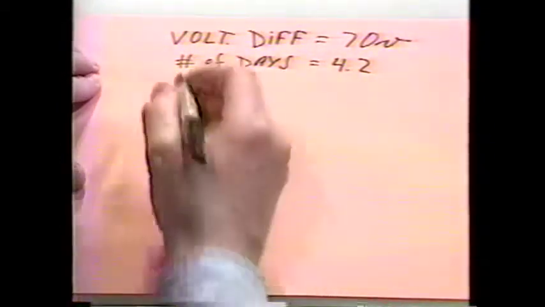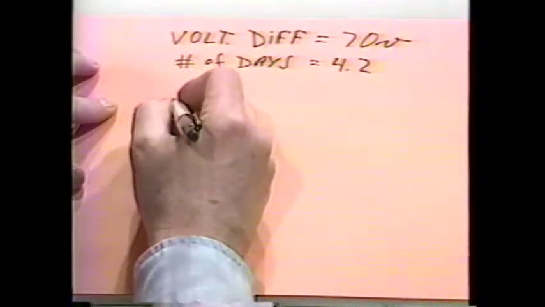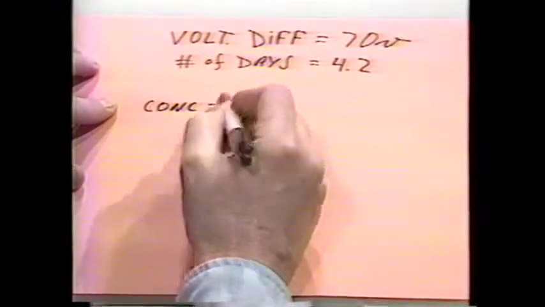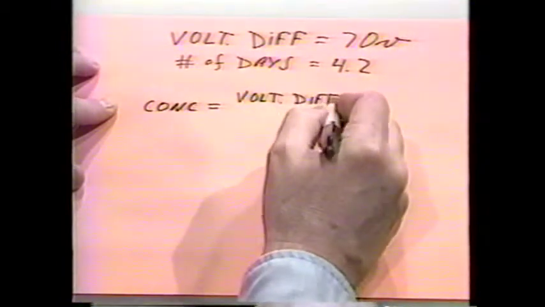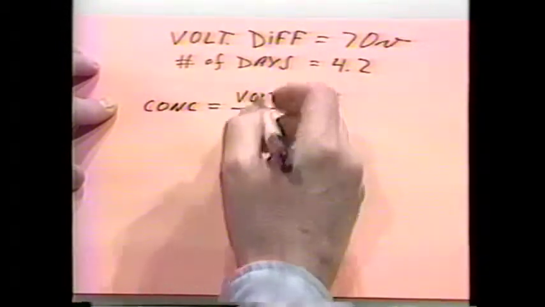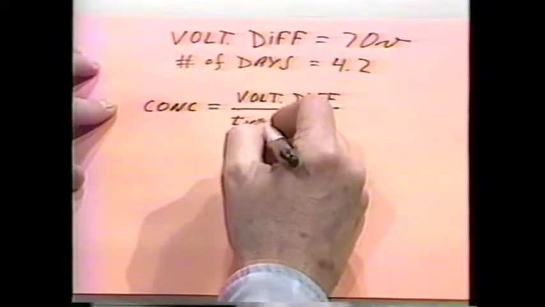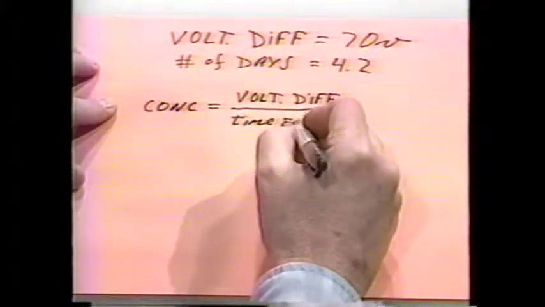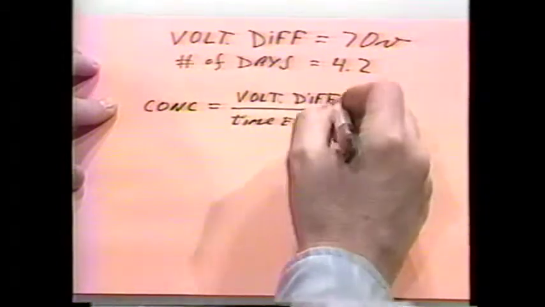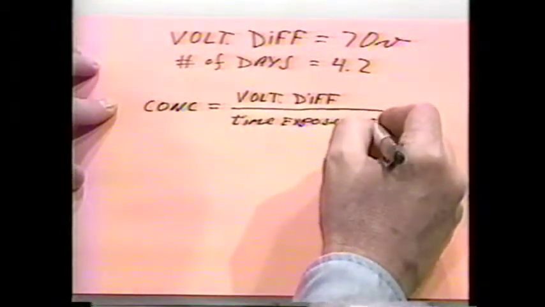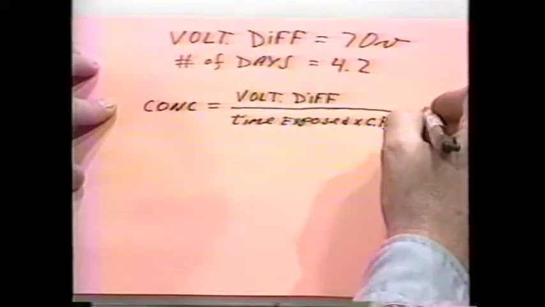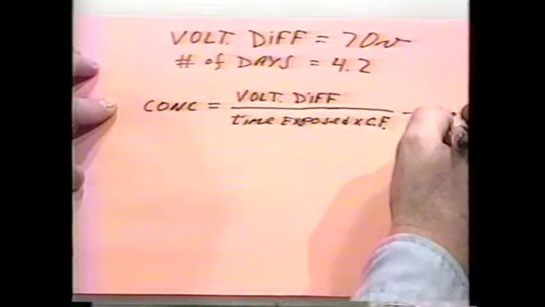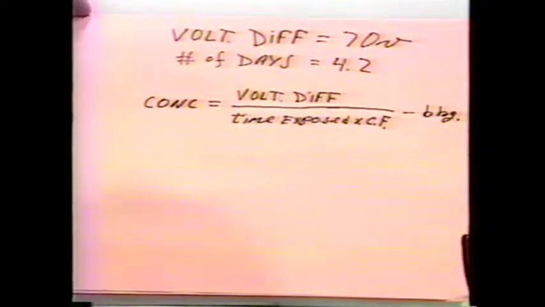Now, the concentration is calculated with the following equation: the concentration is equal to the voltage difference, divided by the time exposed, times the calibration factor, which the manufacturer will have to give you, minus some background. Remember, we talked about background being the gamma radiation that strikes the detector while it's deployed.